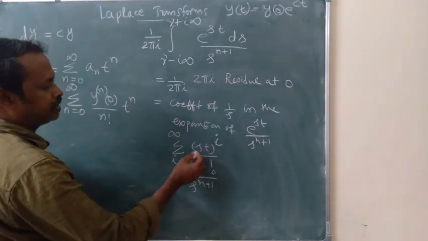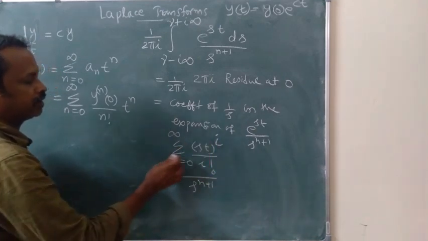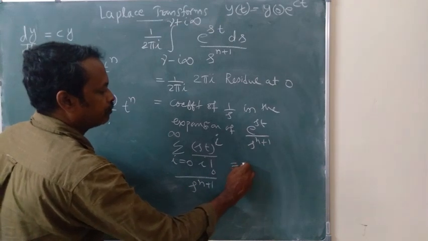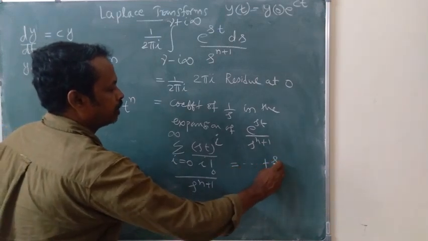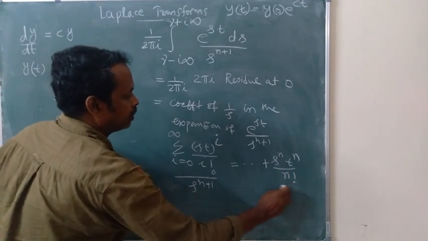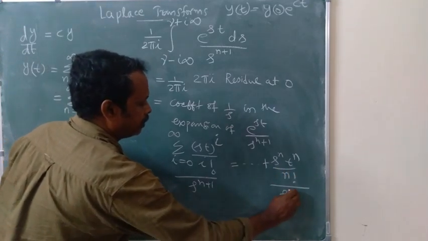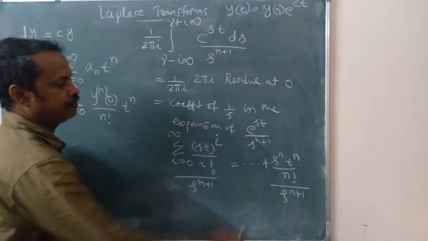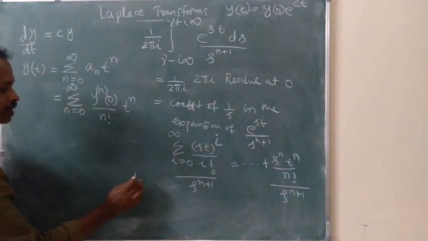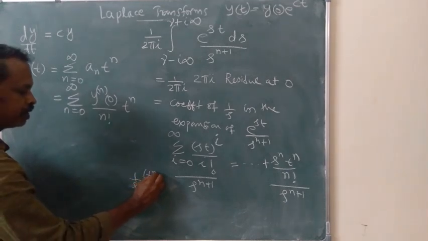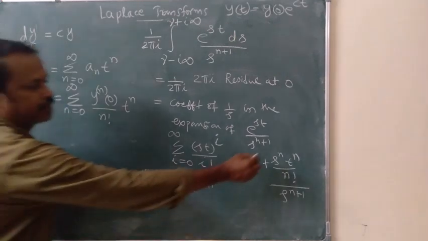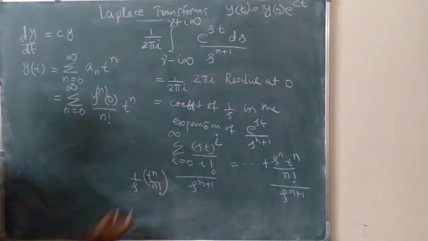When we expand this summation over the index i, it involves several terms plus the term (st)^n divided by n factorial, whole divided by s^(n+1). When we simplify it, it has the form 1/s multiplied by t^n/n factorial, since s^n gets cancelled.